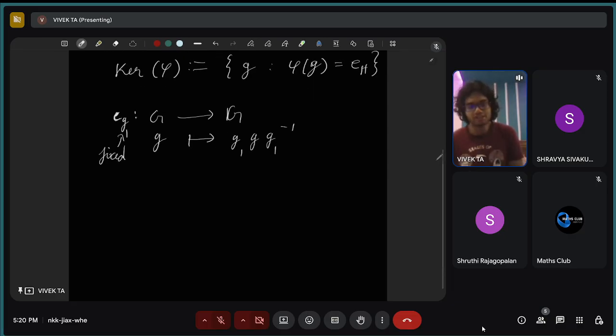So now we want to see how our kernel behaves under this conjugation map.